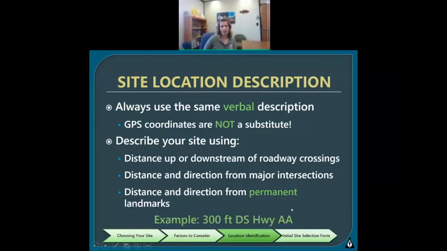A good example would be saying that your monitoring site is 300 feet downstream of Highway AA. Okay, if Laura has a map in front of her and she knows that she is looking for XYZ stream, she can find where Highway AA is and then go 300 feet downstream from that highway, and she'll be able to find your site.